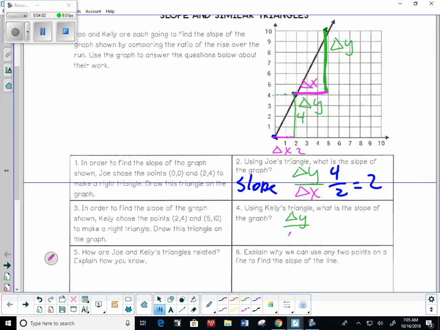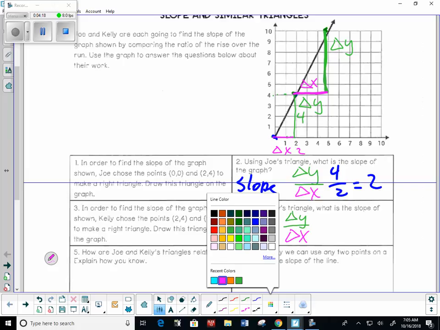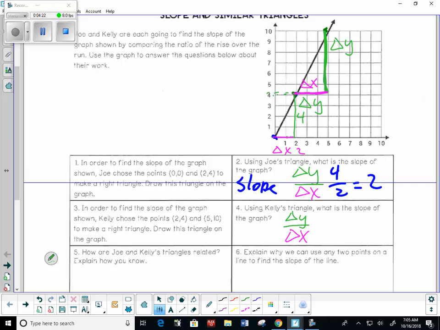Okay, so our vertical change is going to be 10 take away 4, which is 6.